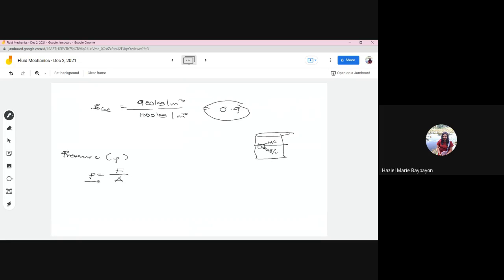It is a scalar quantity, although it is dependent on the force, but we know that the force here is the force that is perpendicular or normal to the area. So pressure is a scalar quantity with units of newtons per meter squared.